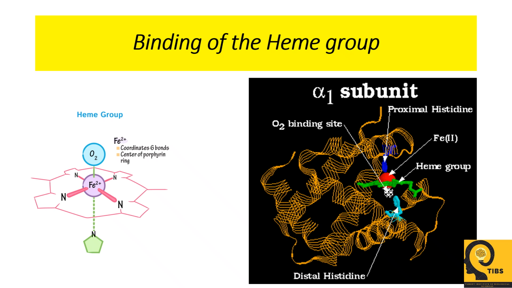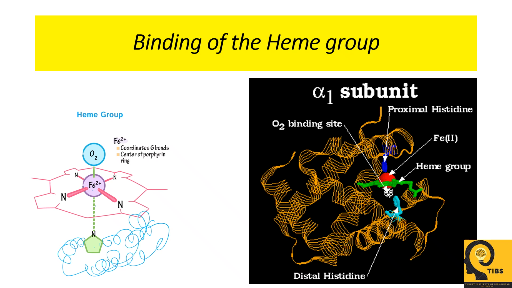The proximal histidine is part of the polypeptide chain, and the histidine is directly attached to the iron. That's why it is known as proximal.